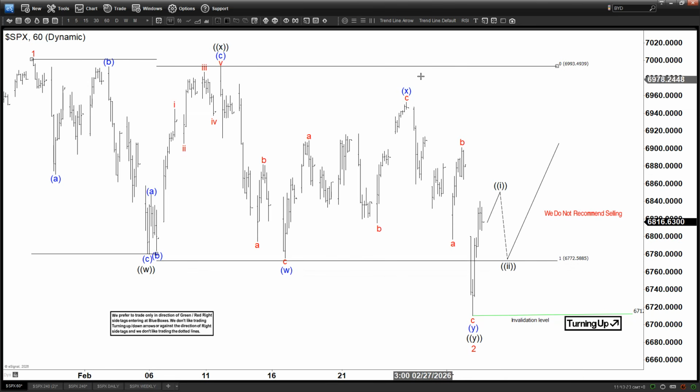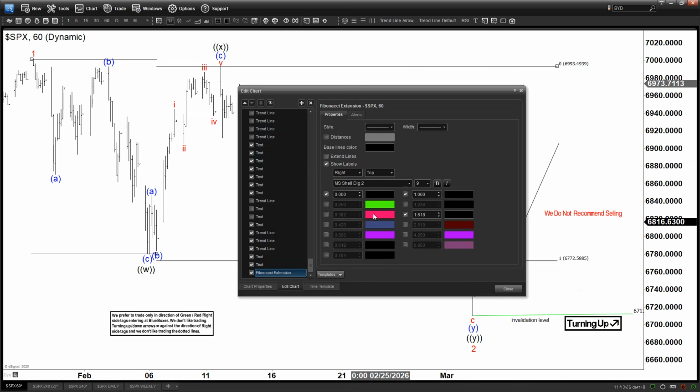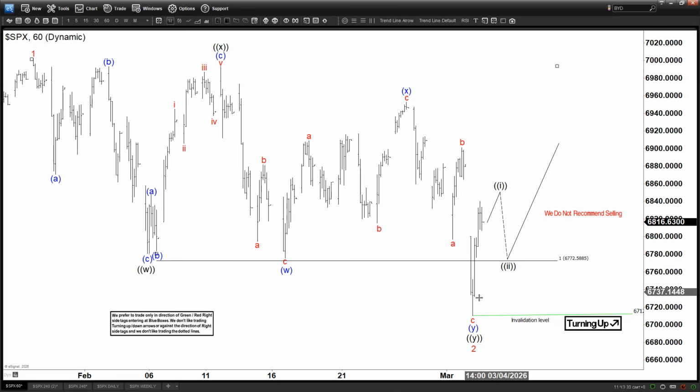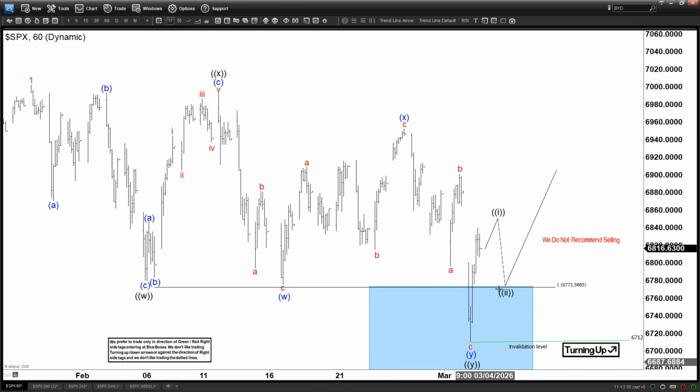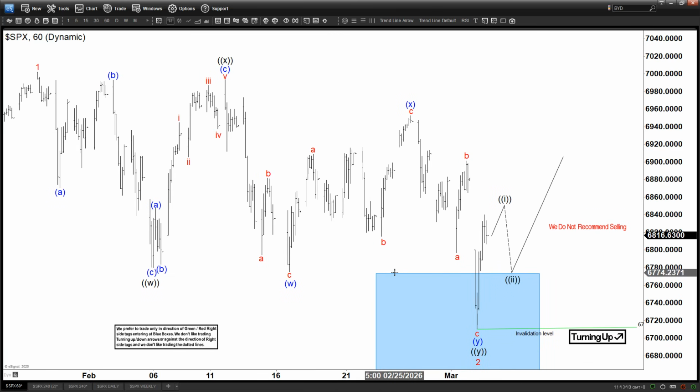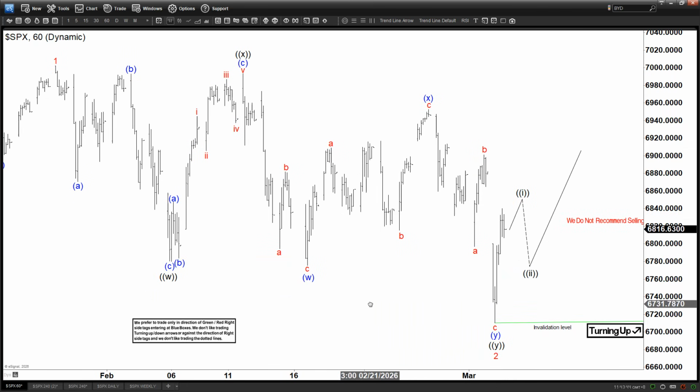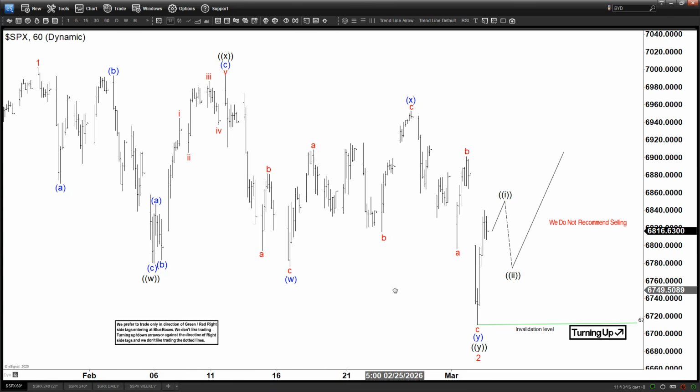And then if you're doing the projection analysis, you notice here that we are actually bouncing from right where we are supposed to bounce in a corrective structure, which is the 100% to 161.8%. You don't have any extension lower at all. This also looks corrective. It looks like a clear 3 waves here, right? So all in all, based on this current structure, it does kind of look corrective if you count it this way.